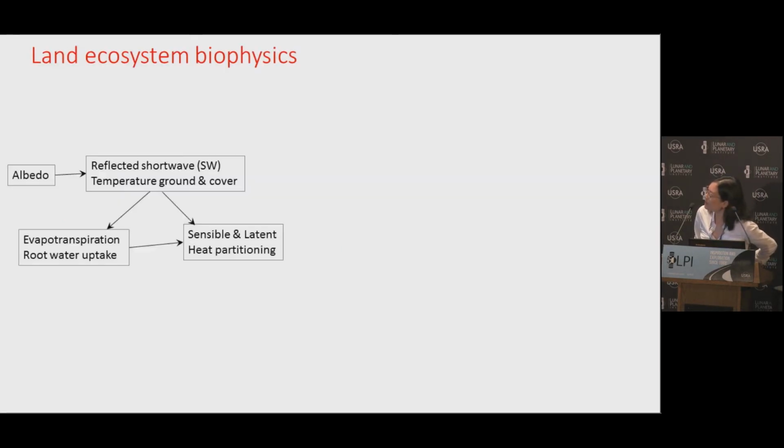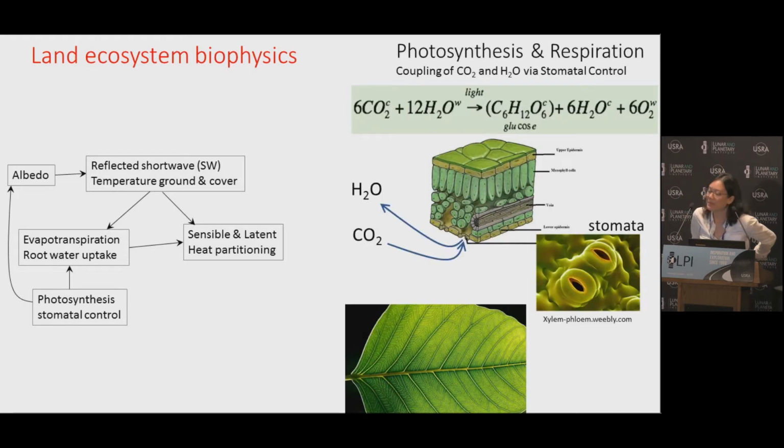Okay, so you get albedo, and then to cool off, the surface needs to release that heat through evapotranspiration, affecting sensible and latent heat partitioning. And that evapotranspiration is very much controlled by plants through photosynthesis.